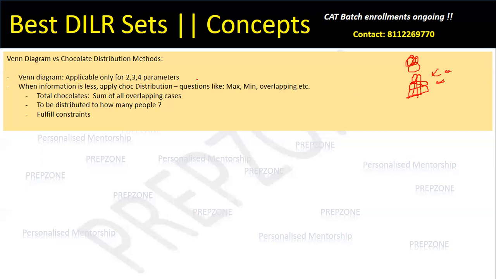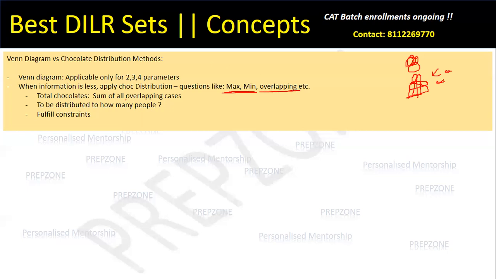These are the kind of questions related to maxima and minima, where there is certain overlapping, like there are 2 people who can play hockey and maybe one of these people can also play football, etc. So if there is no clear distinction between who is doing what, then we try to apply the chocolate distribution method. If this is too much theory for you, skip it. You can move on to the application part. There I'll make it very explicit.